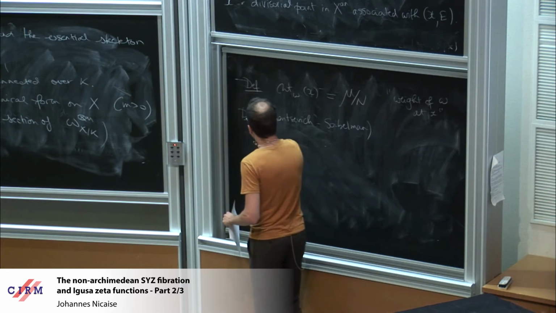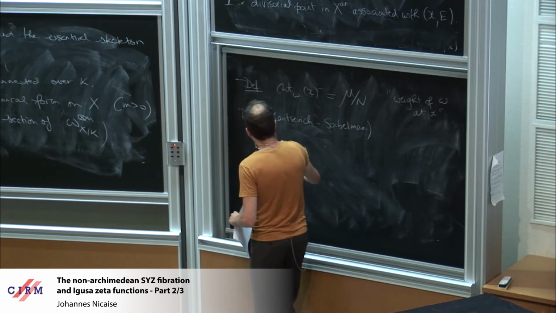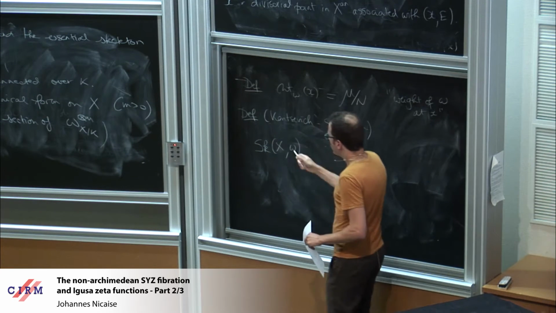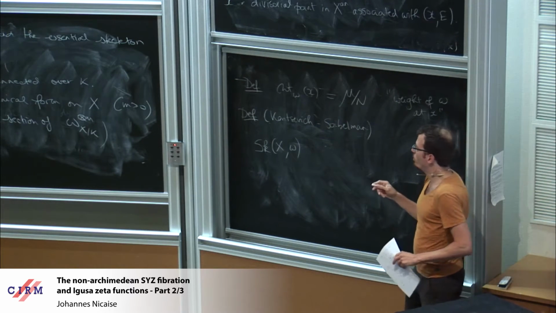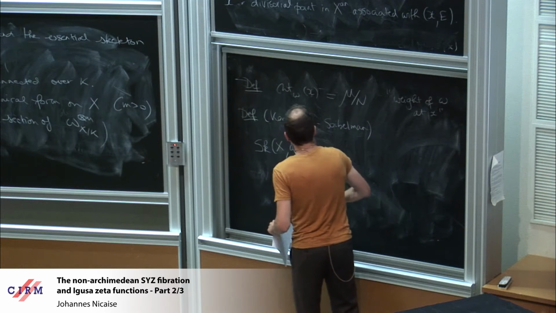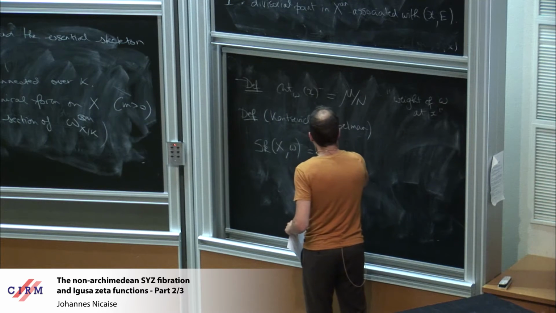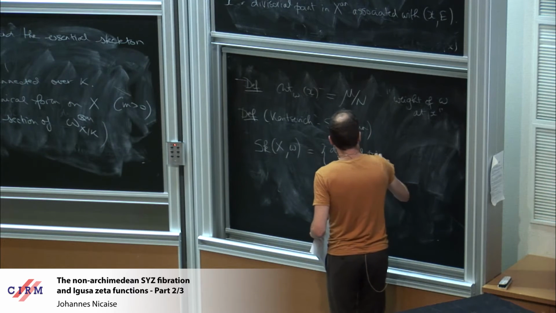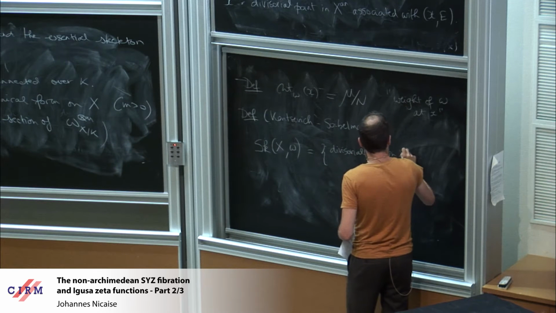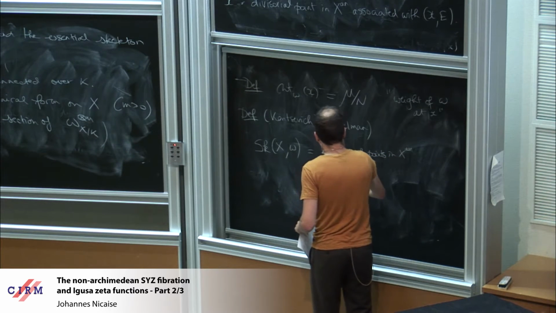So Kontsevich and Soibelman have attached a skeleton not only to the variety X, but which will also depend on our choice of pluricanonical form omega. And so the definition is the following. So we take the set of divisorial points in X^n where the weight is minimal.